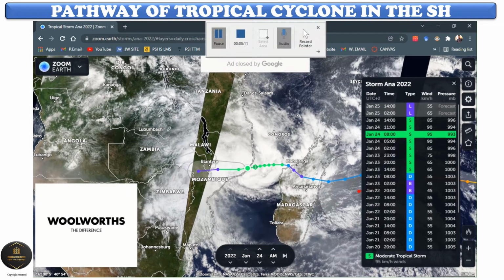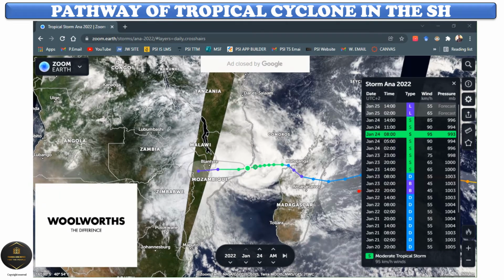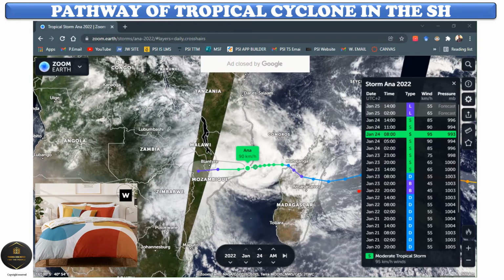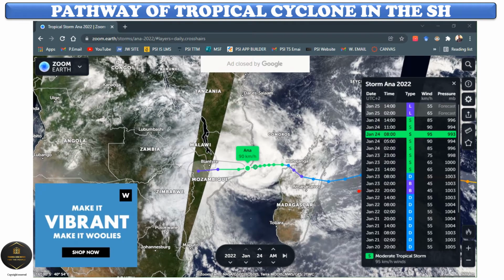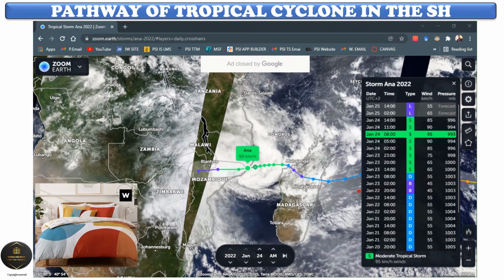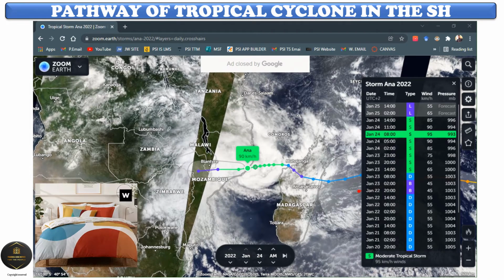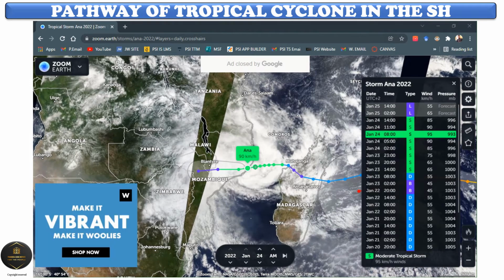So let's remember that. Apologies for the noise over there. Yes, so you are going to have the most severe. And remember now, these tropical cyclones, remember we said they have names. So you see that the winds are very strong at this point, and the cyclone name is Dom Ana, or tropical cyclone Ana.